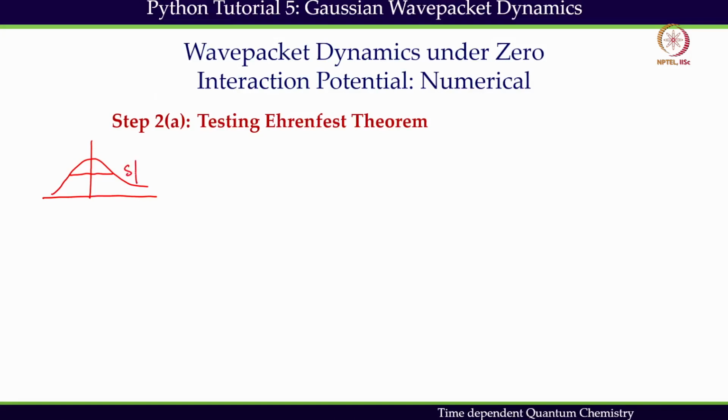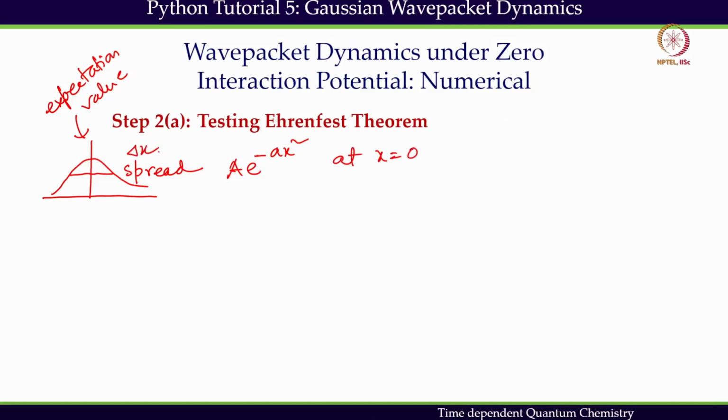This suggests the spread of the Gaussian distribution, and this shows the mean position, or the expectation value, of the Gaussian. In general we express it as e to the power of minus a x squared. This Gaussian distribution is centered at x equals 0, and its width is given by delta x.